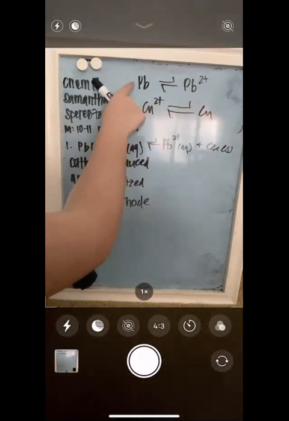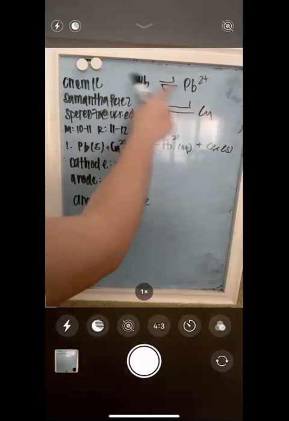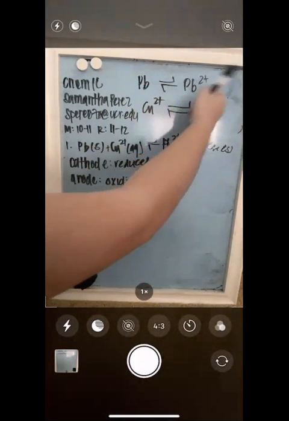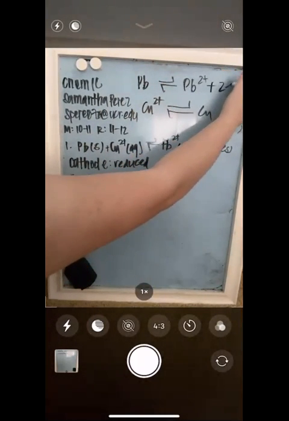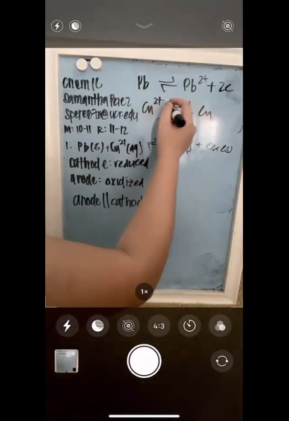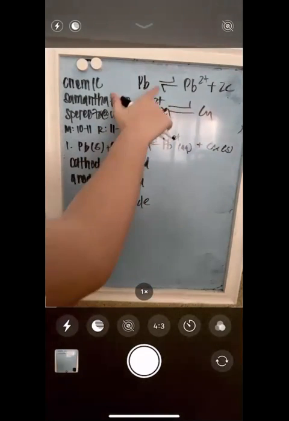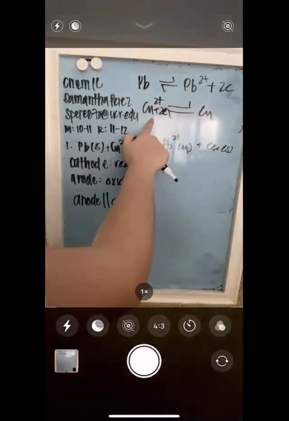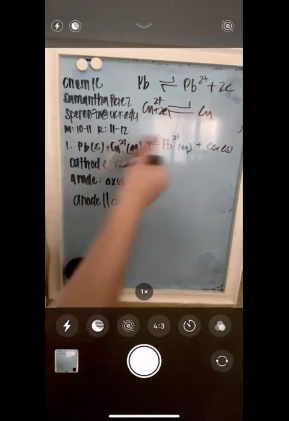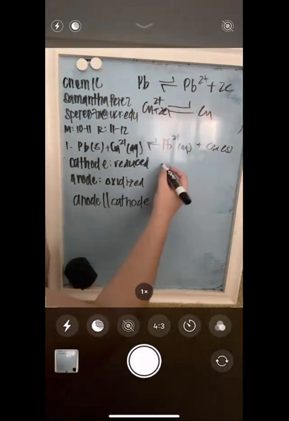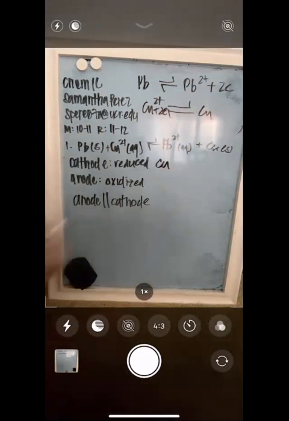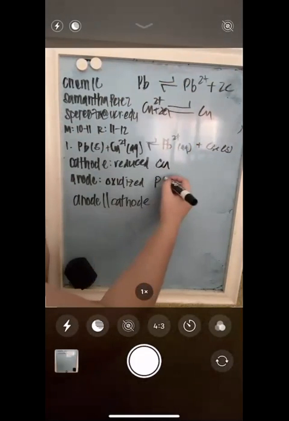This starts off with a charge of 0, but this has a charge of 2+. That's not balanced, so we balance this out with 2 electrons, and then we balance this out with 2 electrons. We know that this loses electrons, but this gains electrons, right? So if this is gaining, we know that our Cu is our cathode and our Pb is our anode.